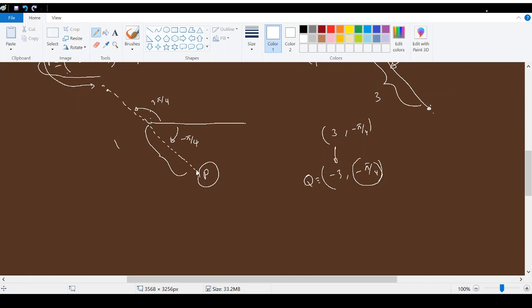Now there's one more thing. Even if this point is not in the first quadrant, let's say we have a point somewhere here. Let's take this as -5 and this as 3. Then r can be obtained through this equation. So r will be the square root of -5 squared plus 3 squared.